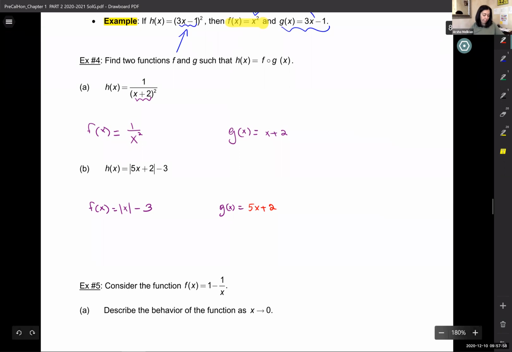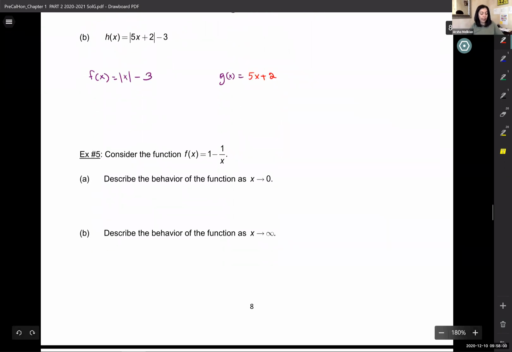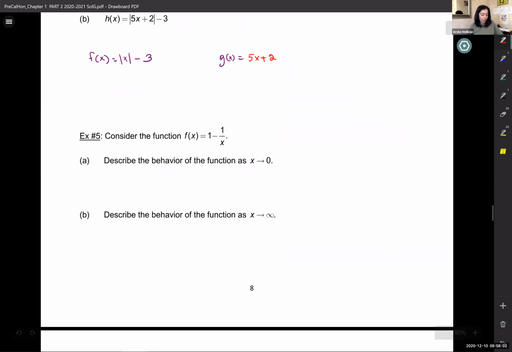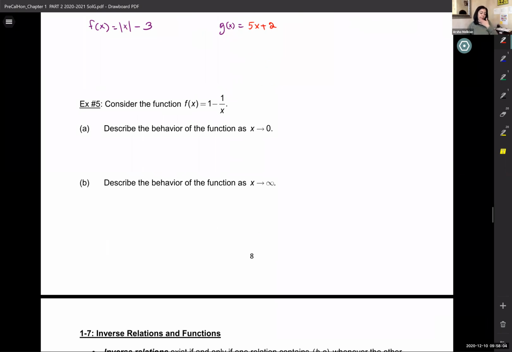Okay. Now, last thing we're going to do is getting to this idea of limits again. So remember when we talk about limits, we're not talking about an actual value of a function.